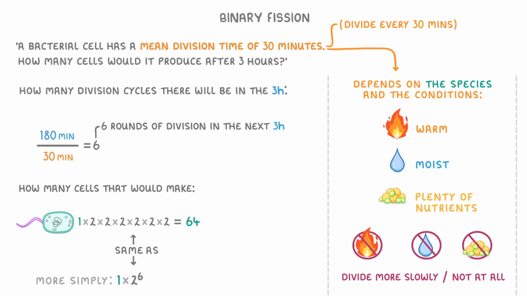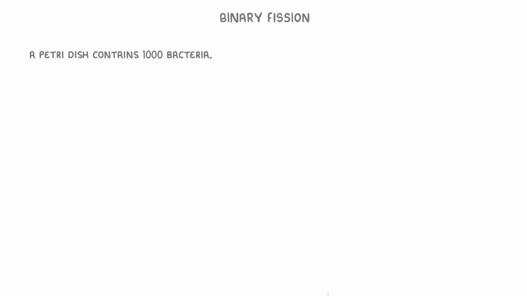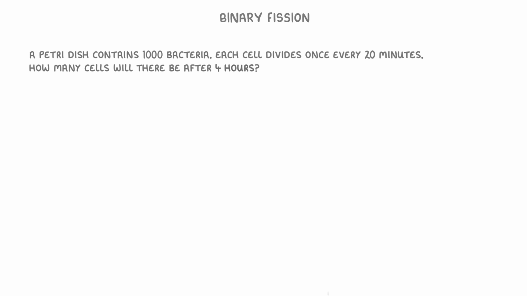Let's do one more question very quickly before we finish. A petri dish contains 1,000 bacteria. Each cell divides once every 20 minutes. How many cells will there be after 4 hours? So this time we'd do the total time of 4 hours, or 240 minutes, divided by the division time of 20 minutes, which would give us 12 division cycles.